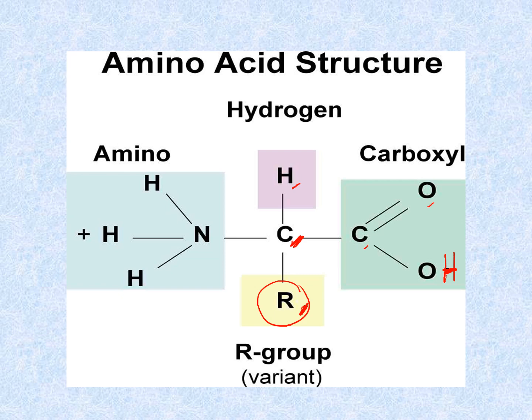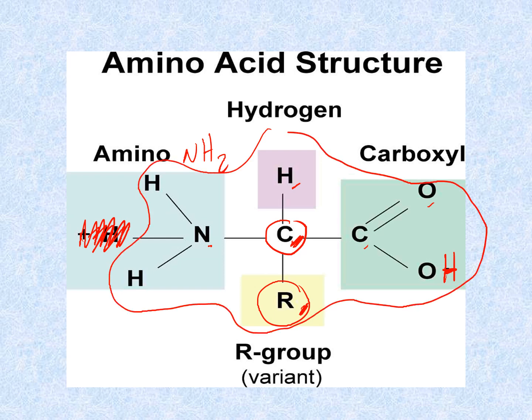Again, guys, we are talking about the original structure of your amino acid, not yet exposed to pH. Next, your alpha carbon atom is attached to an amino group. Amino group is NH2, which means there are only two hydrogen atoms attached to one nitrogen atom. Now, this is the original form of your amino acid.